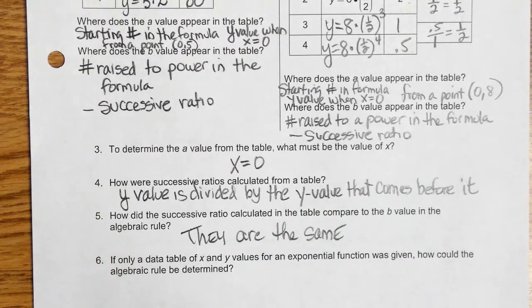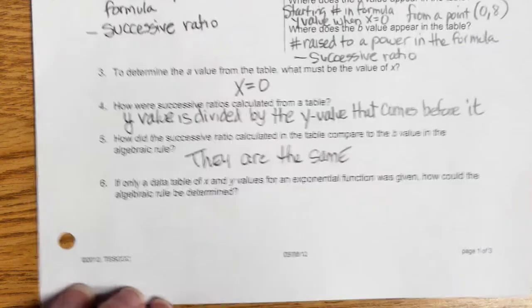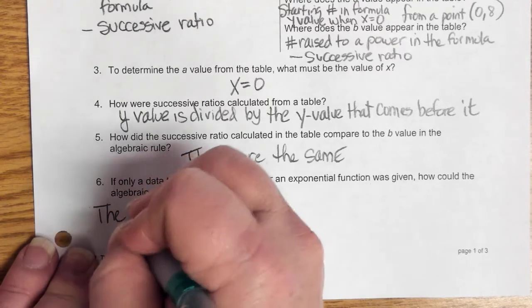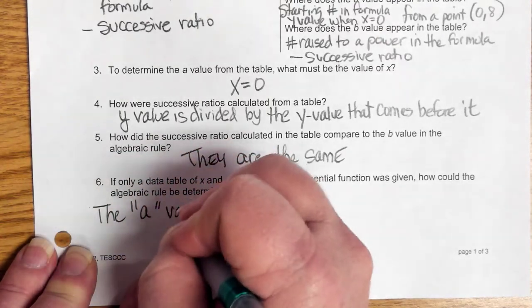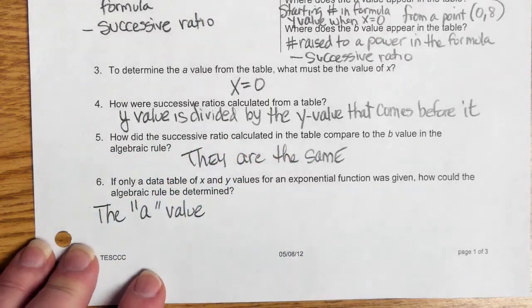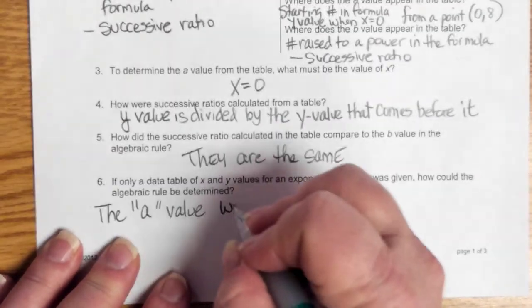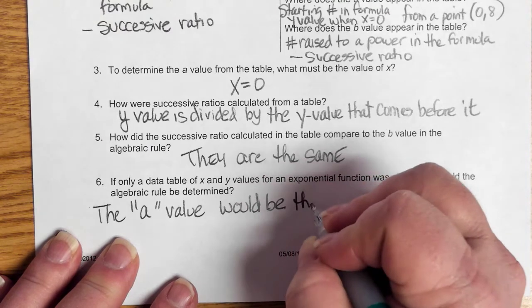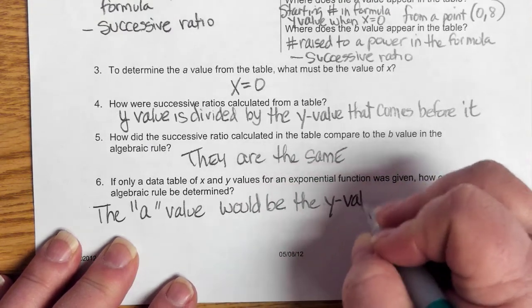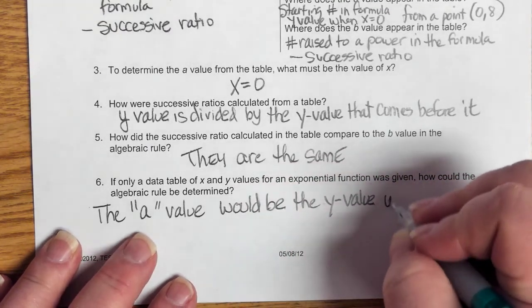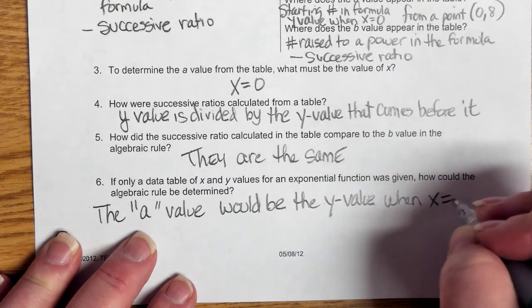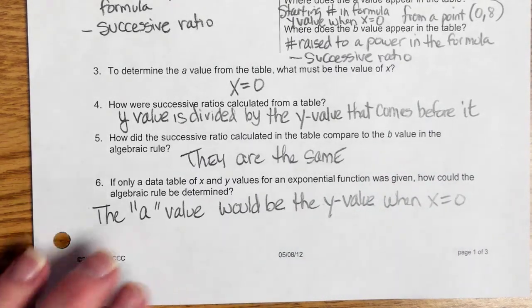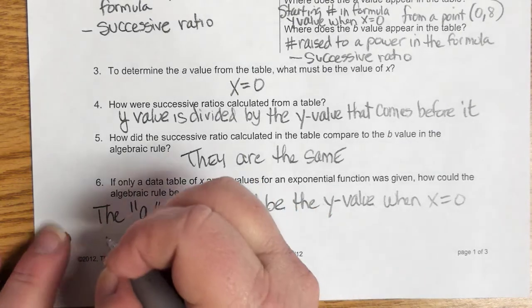If only a data table of X and Y values for an exponential function was given, how could the algebraic rule be determined? Well, the A value would be the Y value when X is equal to 0. Correct? Okay.